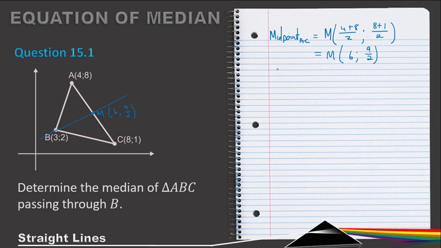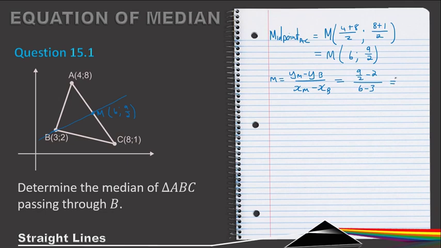Then we need the gradient. So gradient is equal to ym minus yb over xm minus xb. And we substitute in our values. So we have 9 over 2 minus 2, over 6 minus 3.